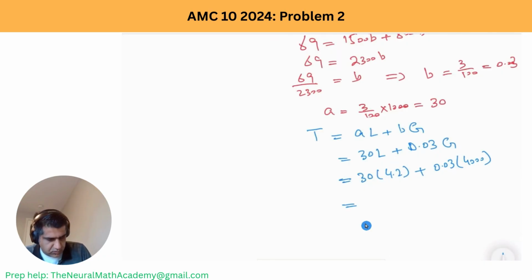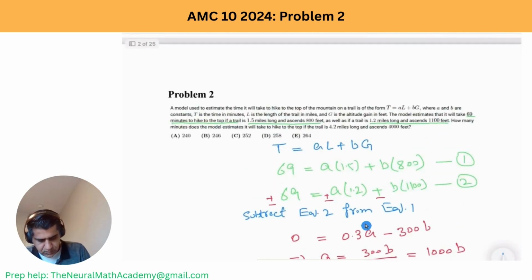So if we solve it, then we would get 126 here, 120, and the answer is then 246 for this problem. So the answer is B.